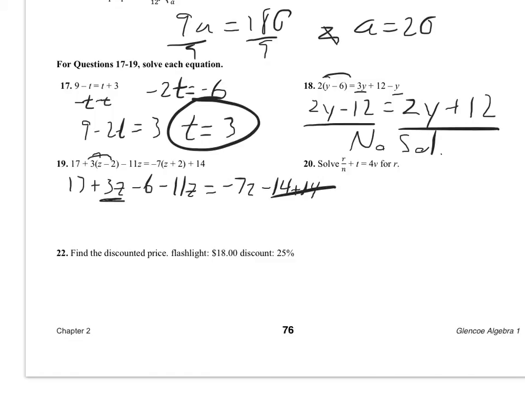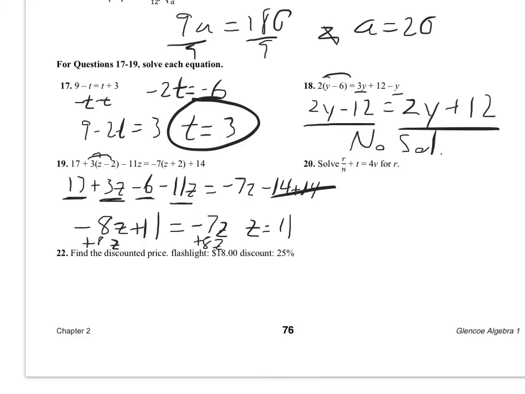Okay, I got a 3z and negative 11z, that's negative 8z. And I have a positive 17 in that. That is 11, so plus 11 equals negative 7z. Okay, just for simplicity, I'm going to add this 8z over. I normally don't do that. I usually go the other way. But then z does equal 11.